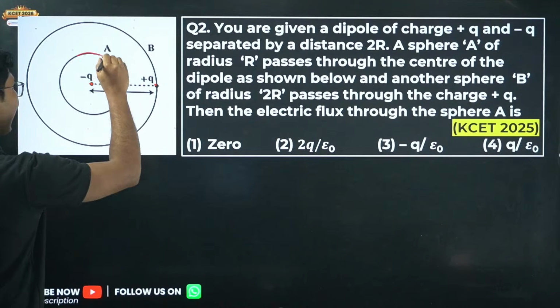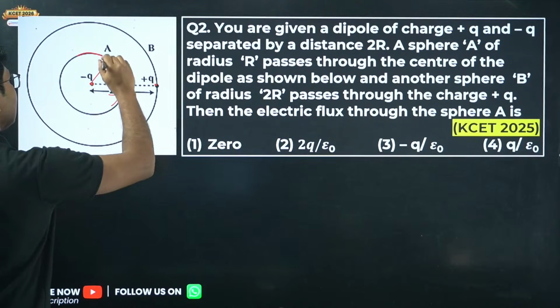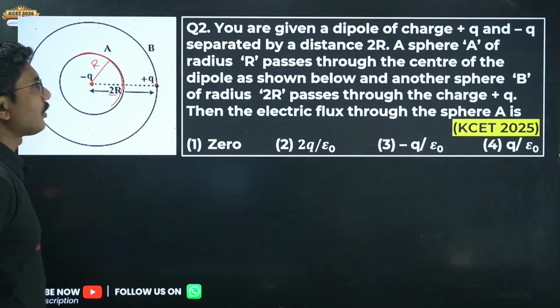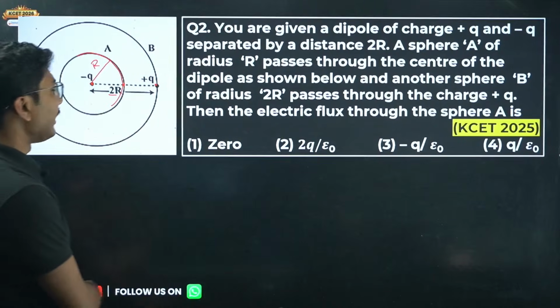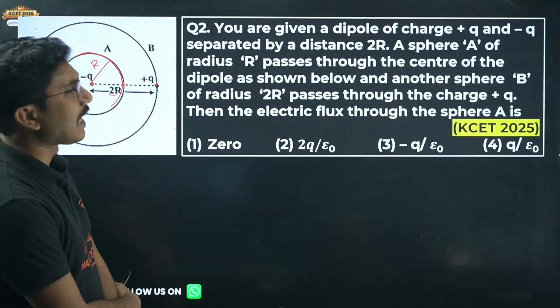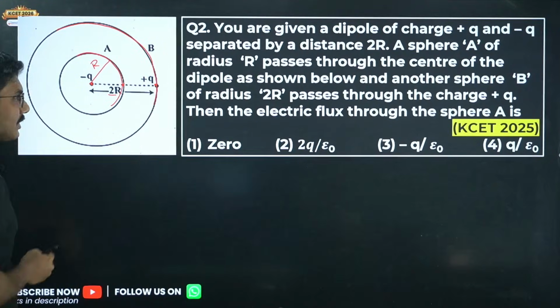So the radius here is r. And another sphere B of radius 2r passes through the charge plus q.